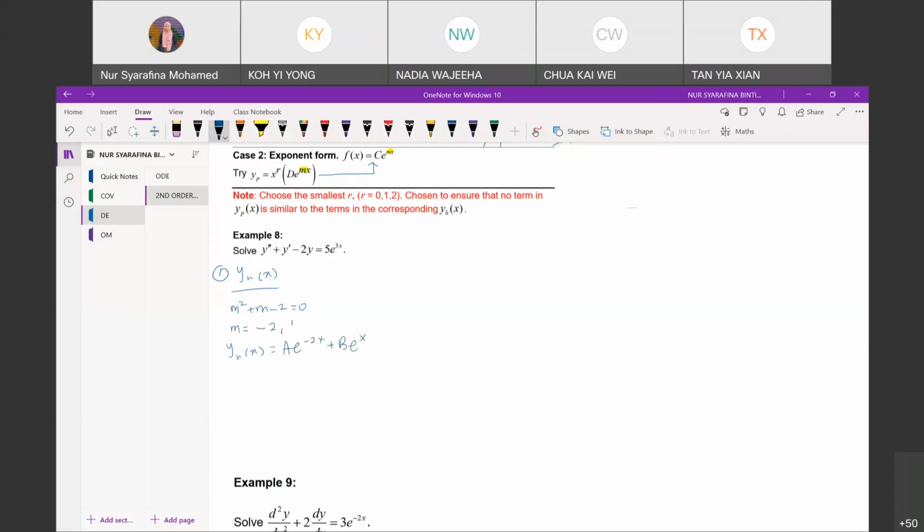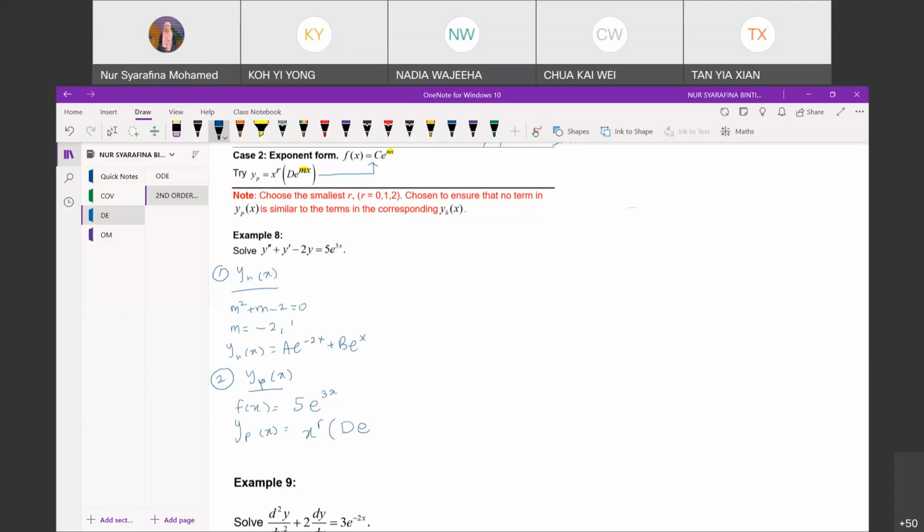Then look at your right-hand side function. In order to obtain YP, you have to look at f(x), which equals 5e^(3x). Following this, your YP should be x to the power of r times De^(mx).